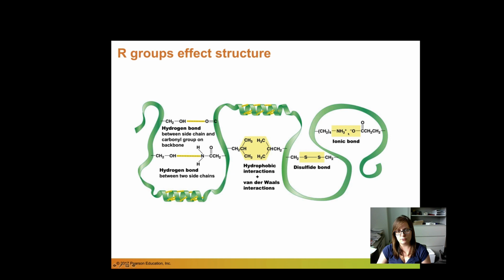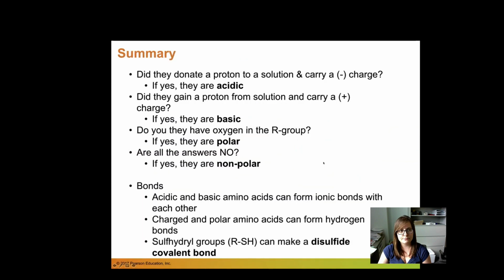Those charges will form an attraction to each other that creates an ionic bond there. And then, as I pointed out here, cysteines can form a covalent disulfide bond between two R groups. And so you can begin to see how this helps the protein fold into a three-dimensional shape, which we'll talk about in the next podcast.